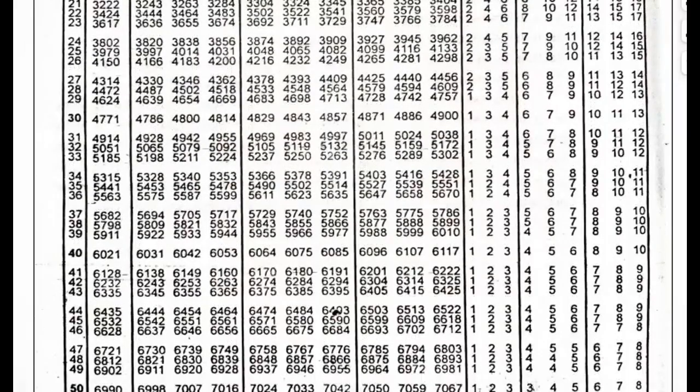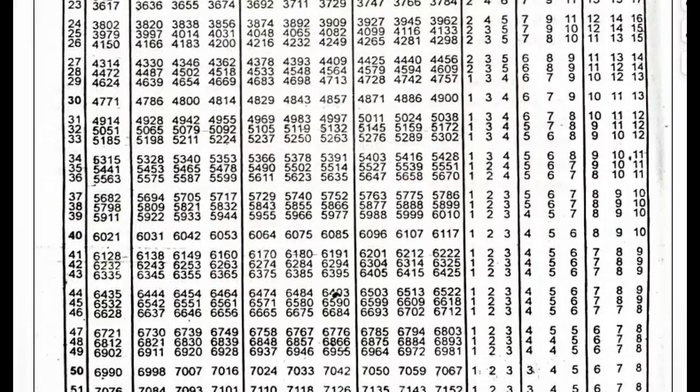So trace 45 under 6, difference of 3. So we have 45 under 0, under 1, under 2, under 3, under 4, under 5, under 6.